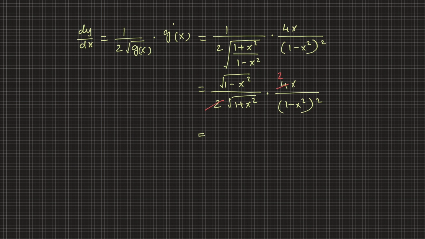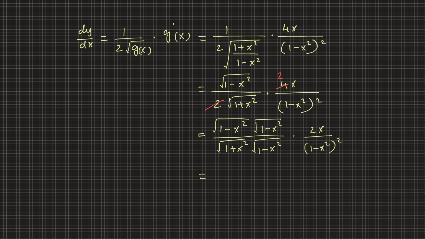Cancelling out the common factor 2 and multiplying the numerator and denominator with square root 1 minus x squared, we obtain root 1 minus x squared times root 1 minus x squared divided by root 1 plus x squared times root 1 minus x squared, times 2x divided by 1 minus x squared whole squared.